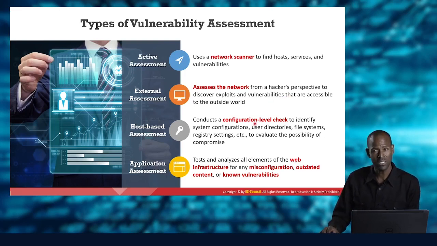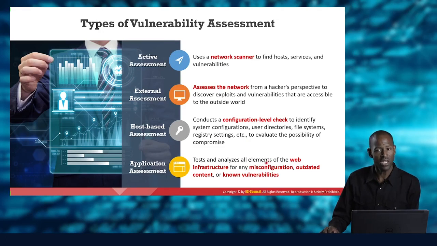We also have the host-based assessment where it's on that Windows 10, on that Windows Server 2019 or Windows Server 2022 host, looking at file systems, registry settings, looking at the potential compromises against the host. And then on the applications, web infrastructure, there could be misconfigurations in the Apache web server or in an Oracle database.